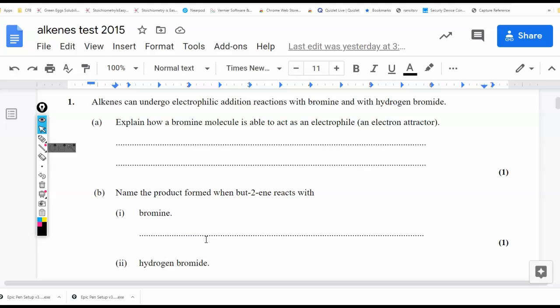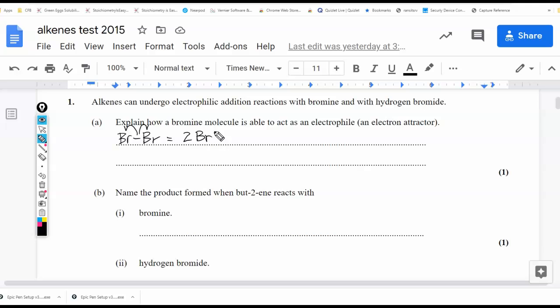So if we have a bromine, and let's say that our bromine is going to undergo homolytic fission. So one electron is going to go back to each Br. So what we're going to make is two bromine free radicals.